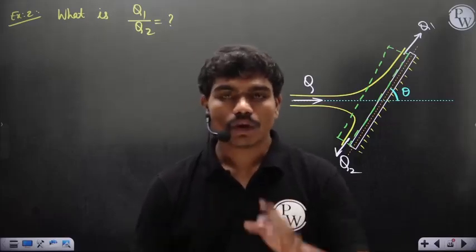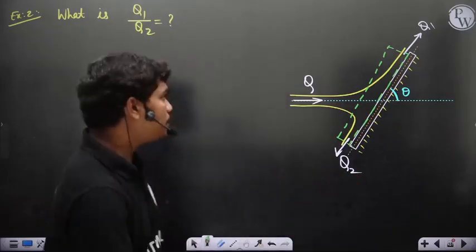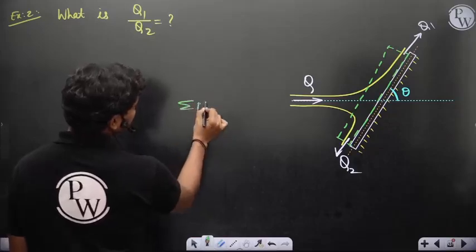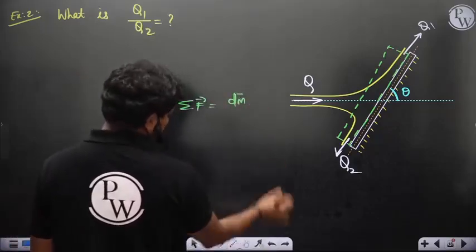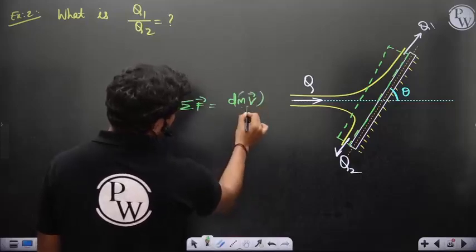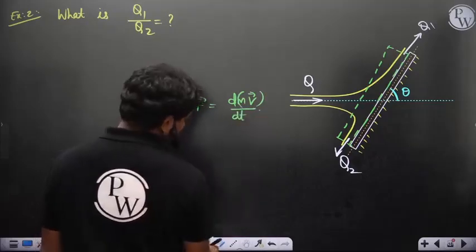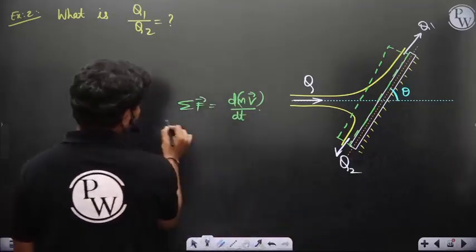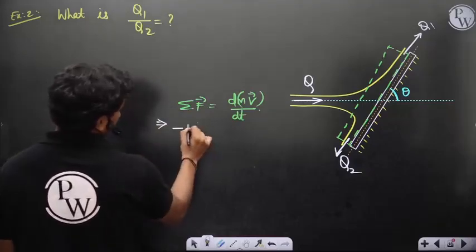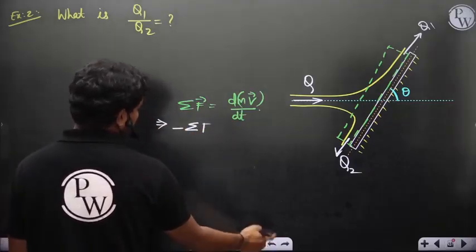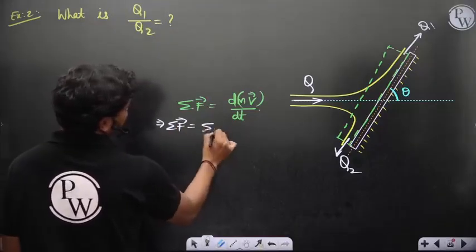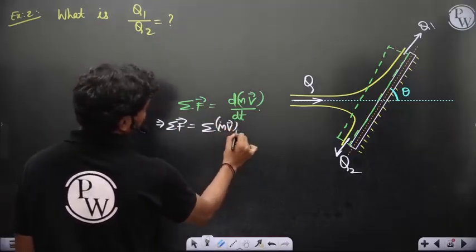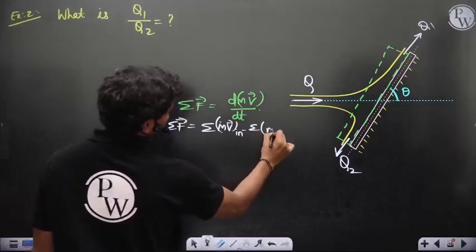I'll tell you one thing. Whatever physical mistake you are making, I've told you. People tell you that many times sigma F is equal to d(mv) by dt, and they'll ask you to put the force acting, sigma F, equal to summation m dot v in minus summation m dot v out.